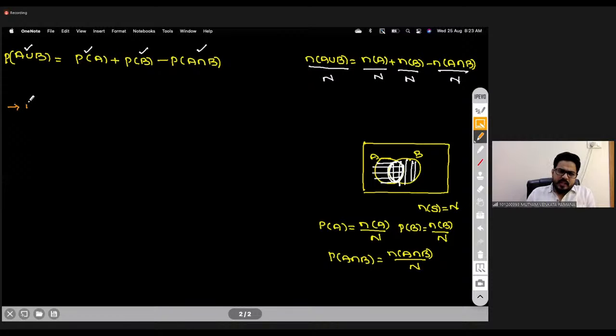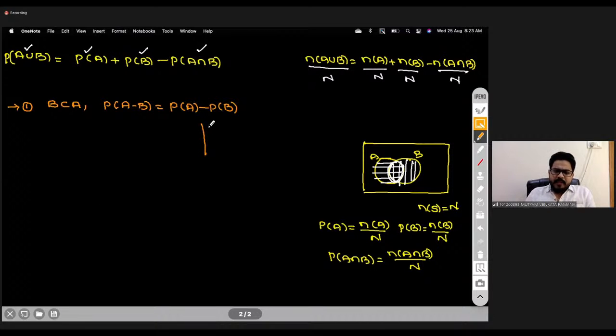The first one is, if B is a subset of A, then probability of A minus B is equal to probability of A minus probability of B. Do you agree with this one?